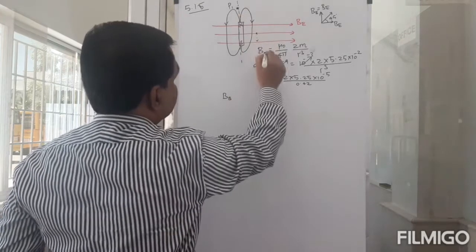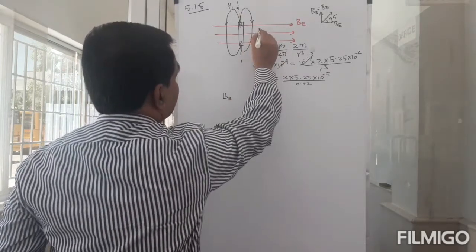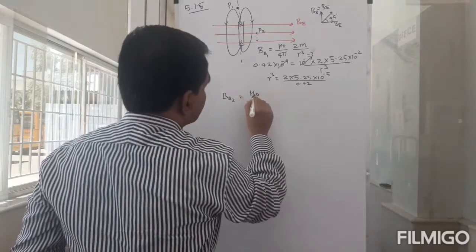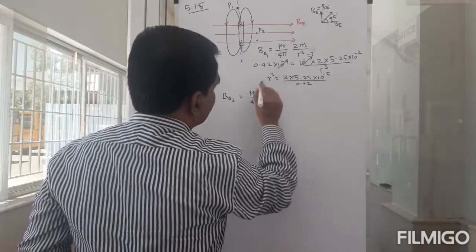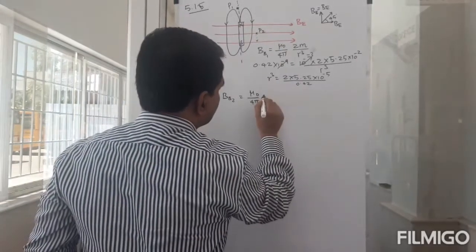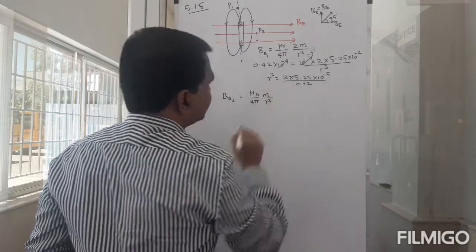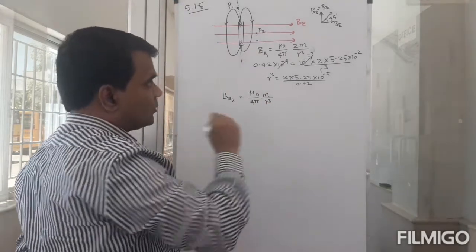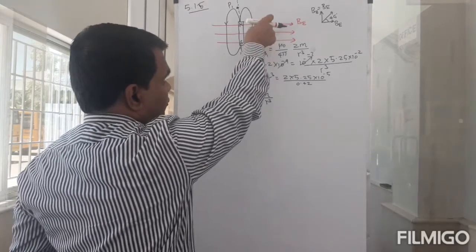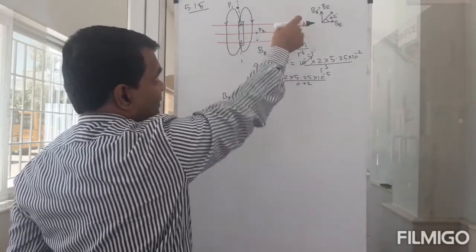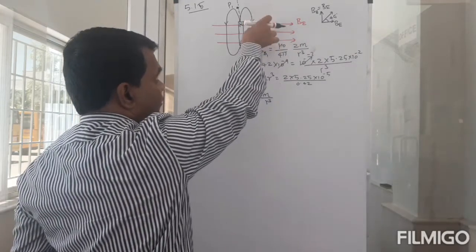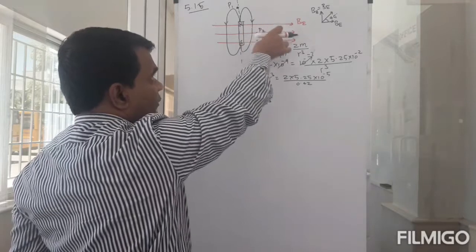And I'll call this P2, and this is B2. It's equal to mu naught by 4 pi. Now I don't have 2m because it is on the equatorial plane, so I get m by r cube. So this also must be equal to 0.42. Only then I get, this is 0.42, the Earth's magnetic field is 0.42 here, and this must be 0.42. Only then will I get a resultant of 45 degrees.